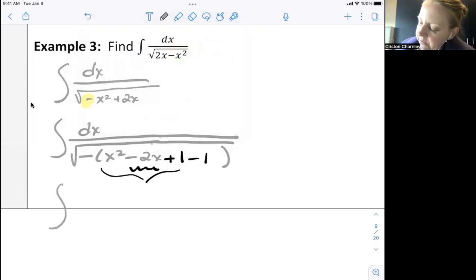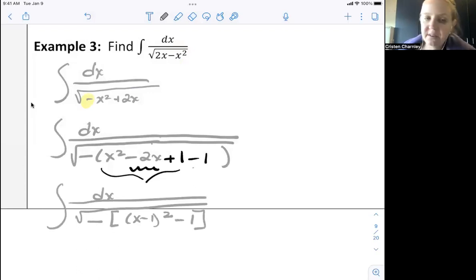So we have dx over the square root. Here's my negative. This becomes x minus 1 quantity squared. And here's my minus 1 on the end. And don't forget, this negative is still in the front. Okay, so I'm going to take this negative and distribute it to both things inside of those brackets.